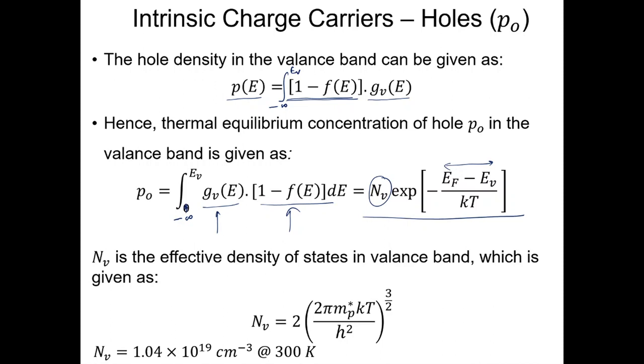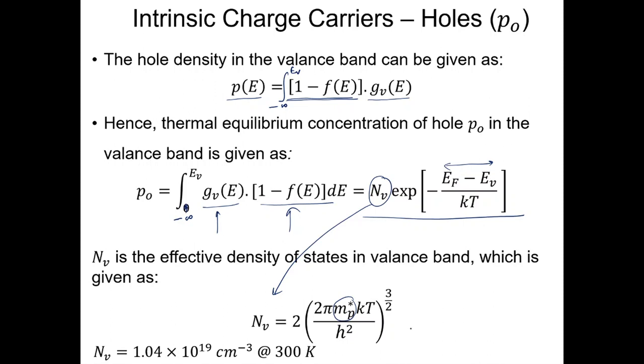And here NV is again the effective density of states of holes in the valence band, and this in the same fashion depends on the effective mass of the holes. As the effective mass increases, the effective density of states in the valence band will increase, and vice versa.